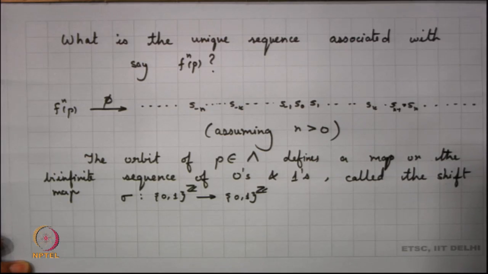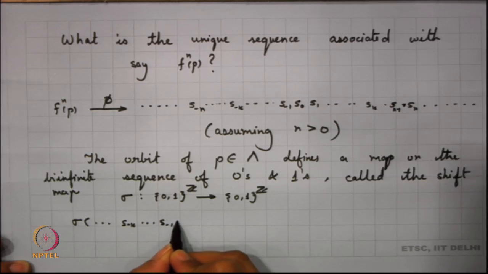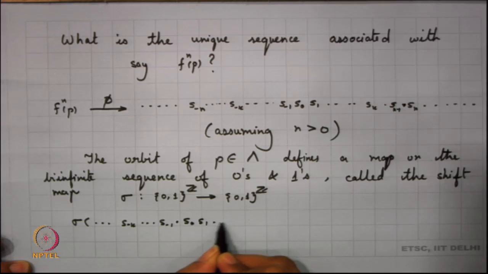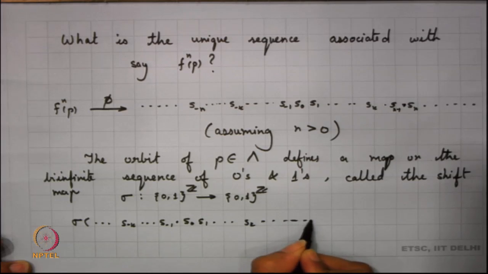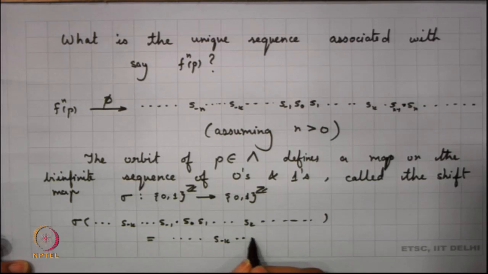and I am defining this as sigma of (S_{-k}, ..., S_{-1}, with my point lying here, S_0, S_1, ..., S_k). If I look into this part, my shift is only taking the decimal point one point to the right. So, this is nothing but S_{-k}, ..., S_{-1}, S_0, I have a point here, S_1 and then S_k.